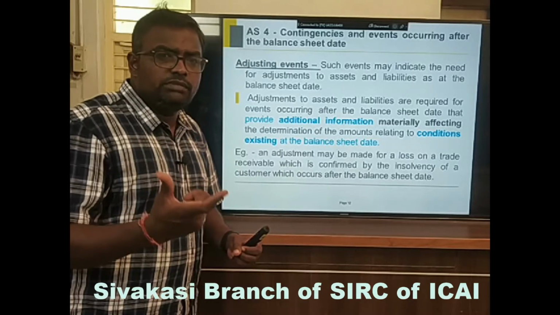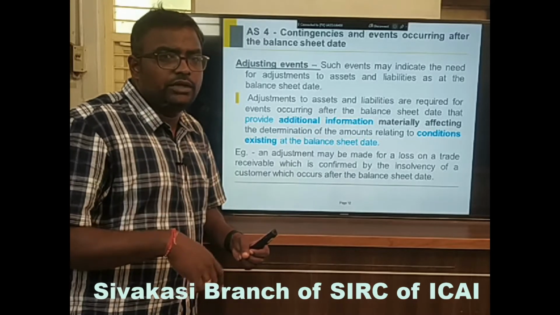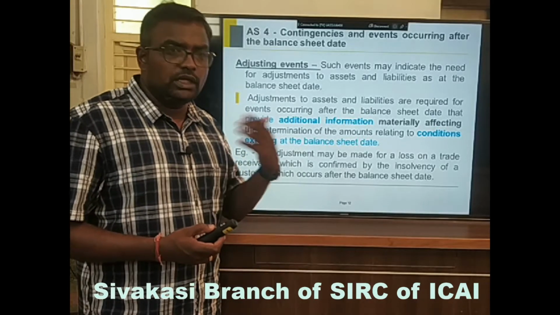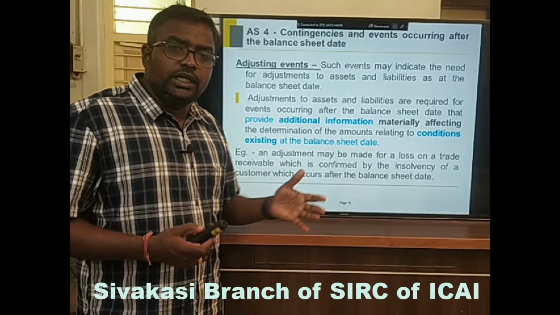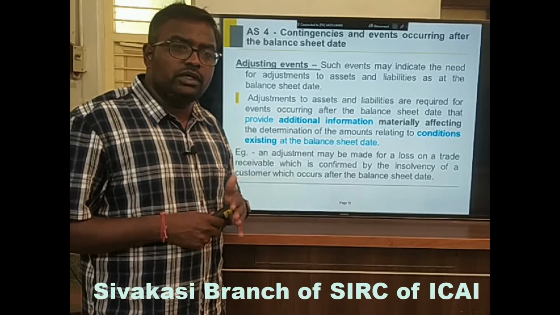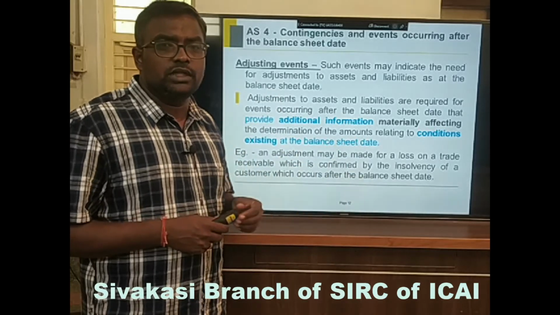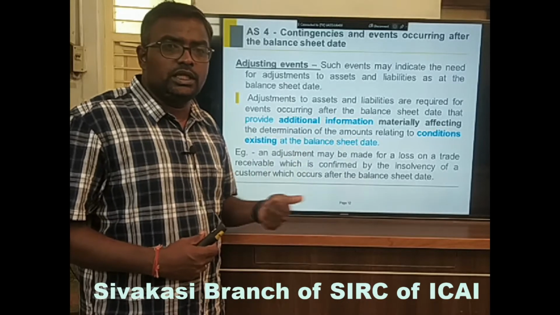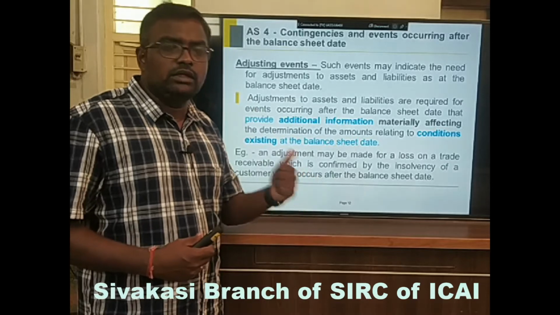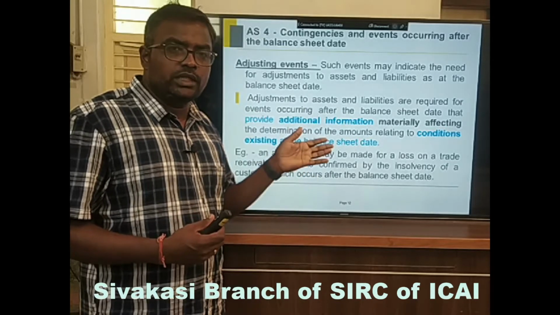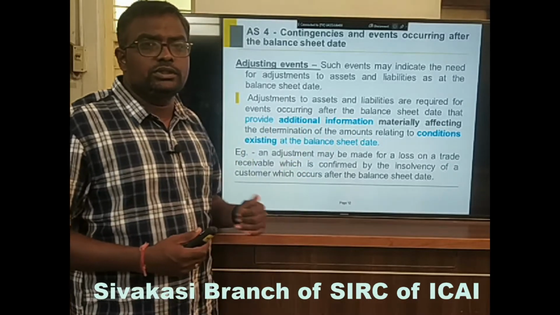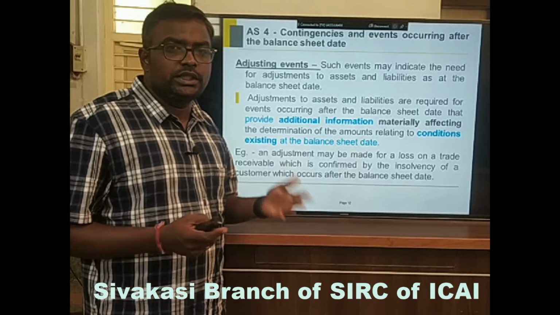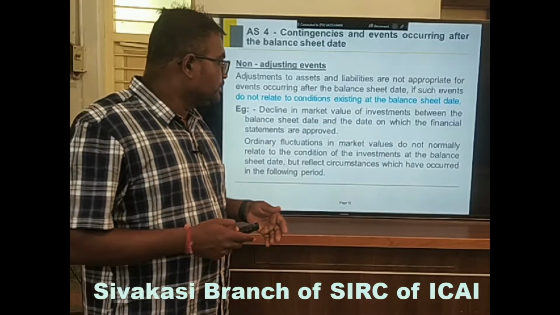So this gives me additional evidence that this 1 crore will not come, and accordingly I have to create a provision for doubtful debts or propose an adjustment to the company, or management should assess it themselves as an adjusting event and accordingly write off that 1 crore as a bad debt in their books and decrease the debtor balances to that extent. So I hope you can differentiate between an adjusting event and a non-adjusting event.